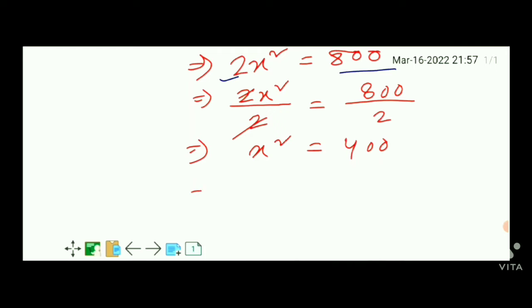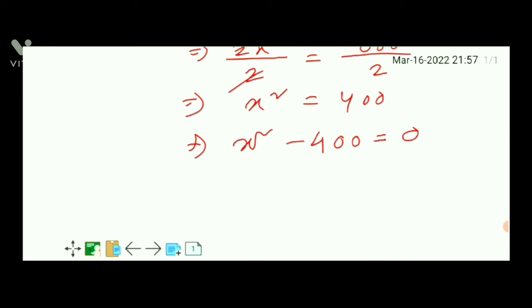Now we can write x square, 400 we can bring to the left of the equation, so there it will be 0. So this is a quadratic equation. This is not in the standard format because here we have x square but we don't have x. Standard quadratic equation format is ax square plus bx plus c is equal to 0.